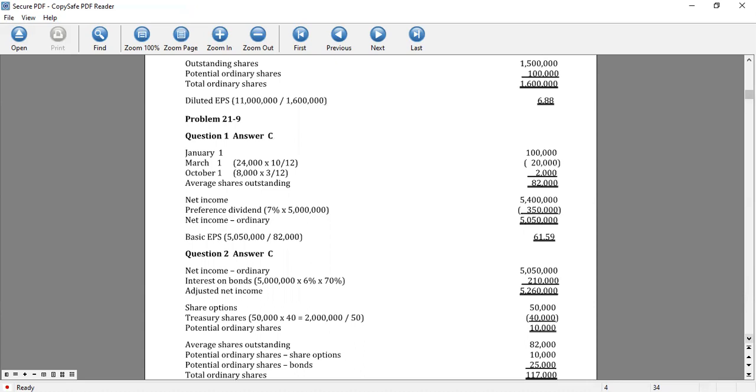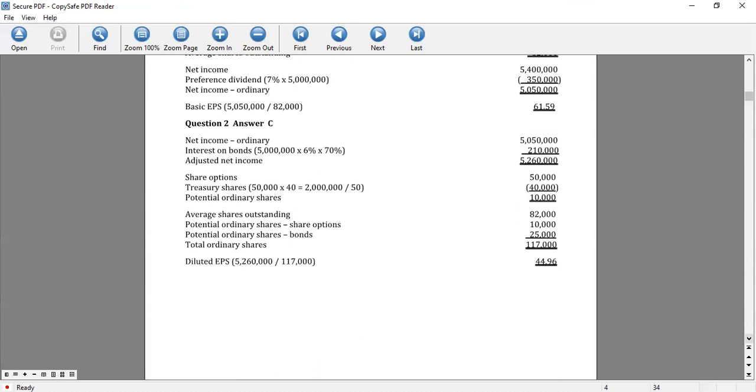And on October 1, we have 8,000 times 3 over 12. So in question number 1, the average shares outstanding is 82,000 and net income is 5.4 million. We deduct the preference dividend, so the balance is income to ordinary shareholders, which we divide by 82,000 shares.